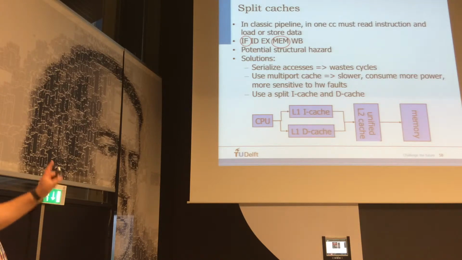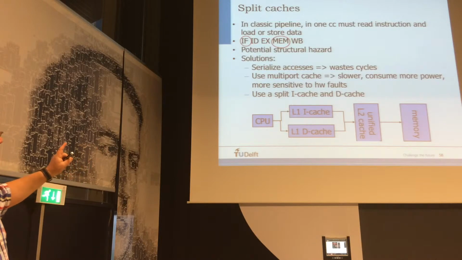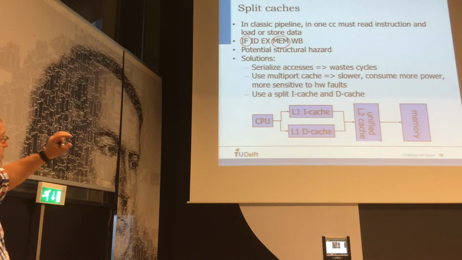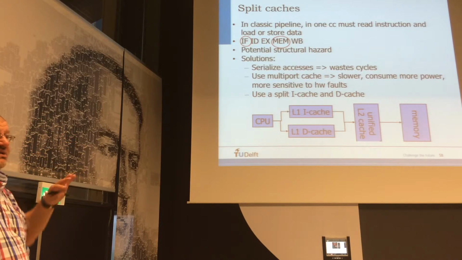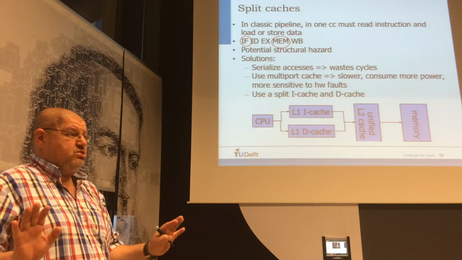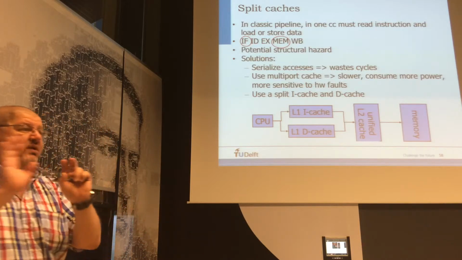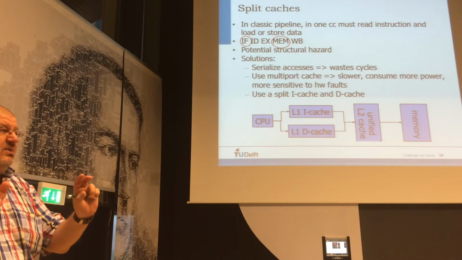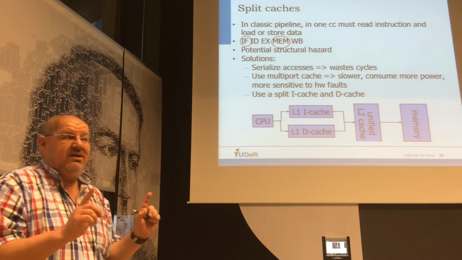Split caches. Actually, I think I told you about that last time, right? This is a standard approach which allows me to deal with instructions and data in a different way. They have different kinds of history, different evolution, and by assigning one cache for data and one for instructions, I am hitting two rabbits with one shot.